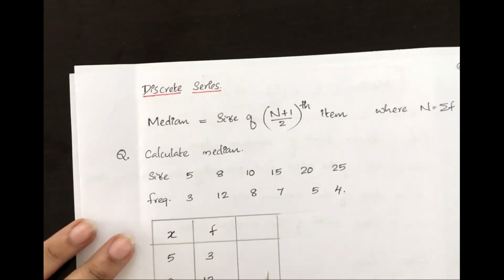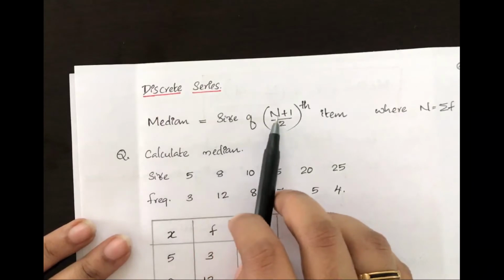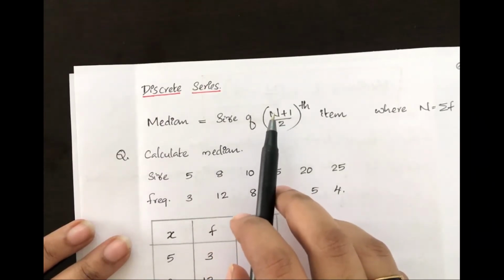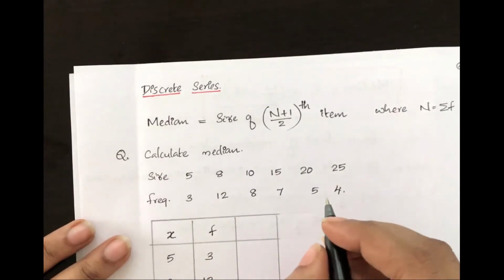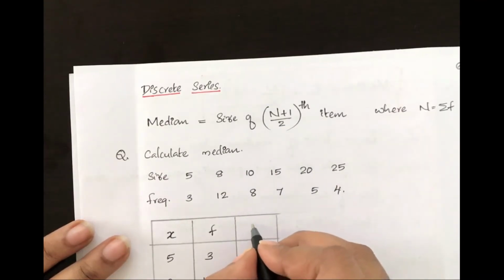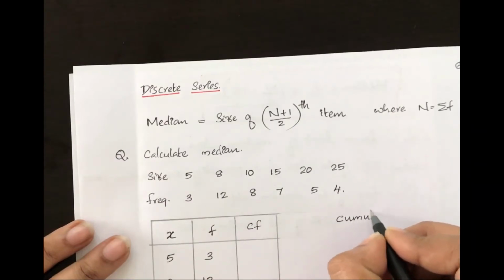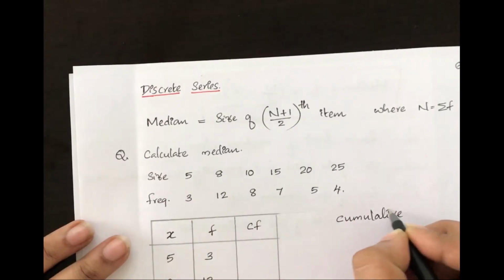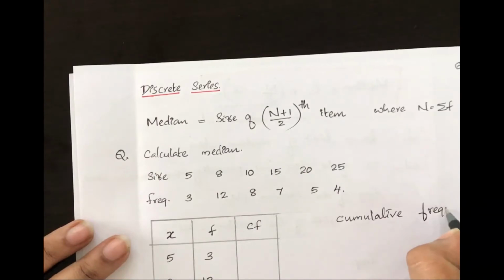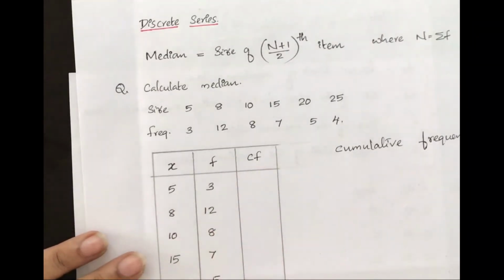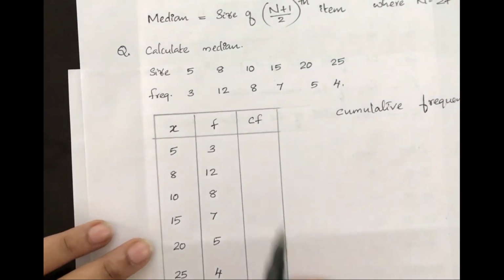In order to find median, we know (N plus 1) by 2, where this N is summation f. So we need to find another set of frequency called CF, the cumulative frequency. We need to find the cumulative frequencies of this set of values.